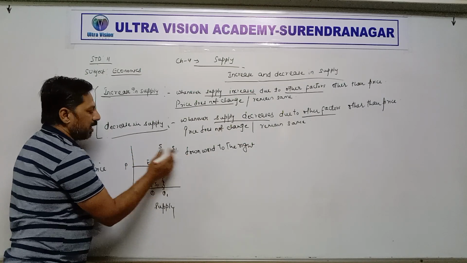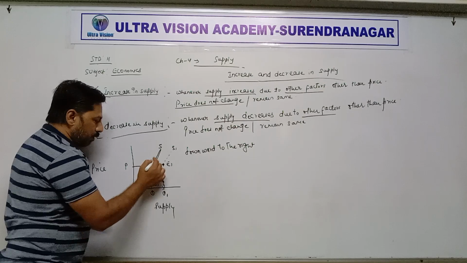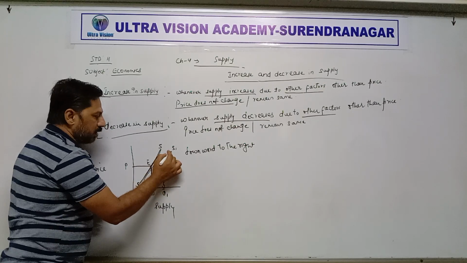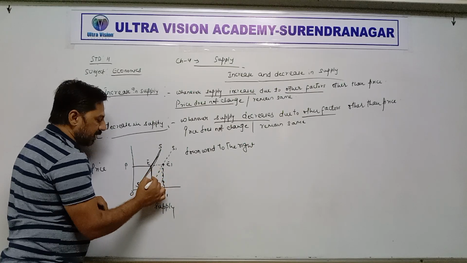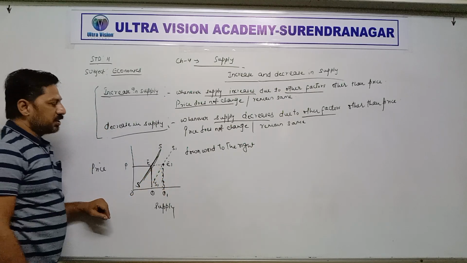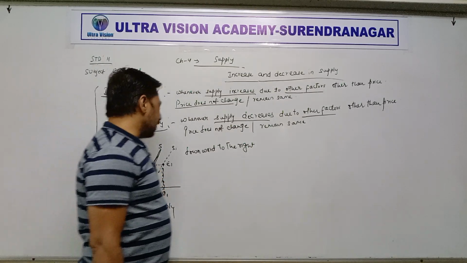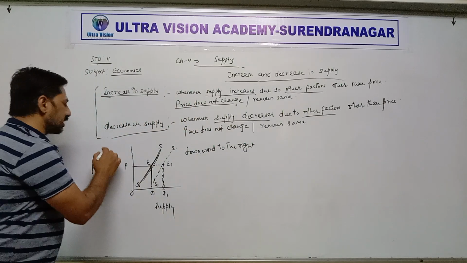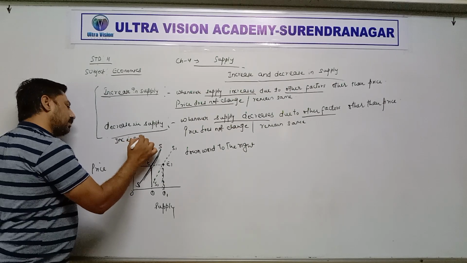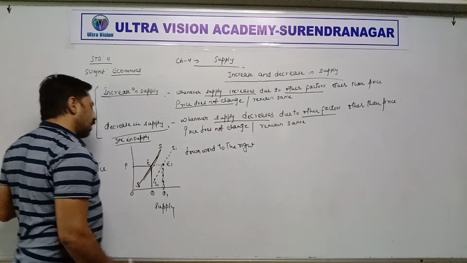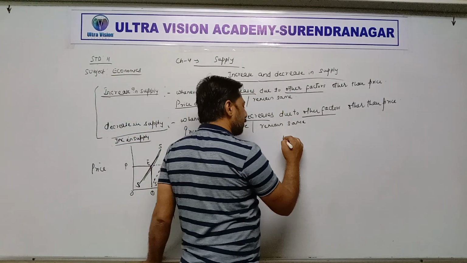This is the right side and downward to the original supply curve. That's why it is called downward to the right. This is an example of increase in supply.